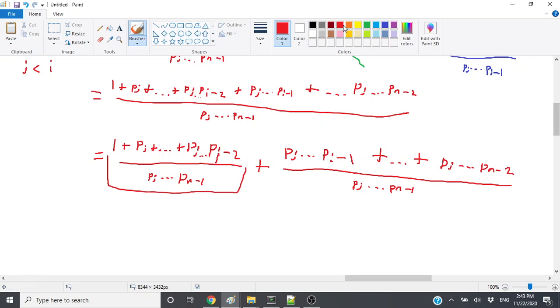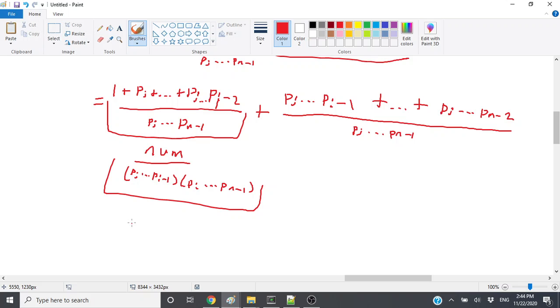Let's just use the collective numerator since I don't want to write it out again, over pj ... pi minus 1, and then that times pi ... pm minus 1. And now this part that we have here is exactly f of j, i minus 1.